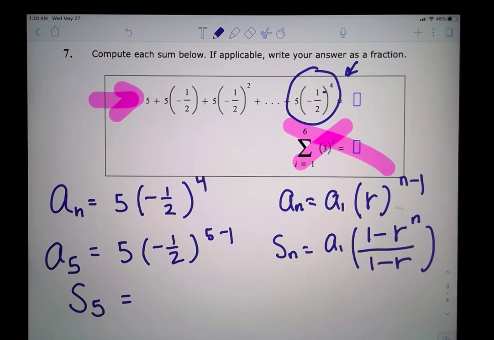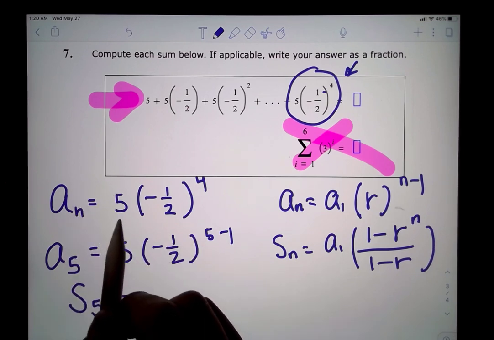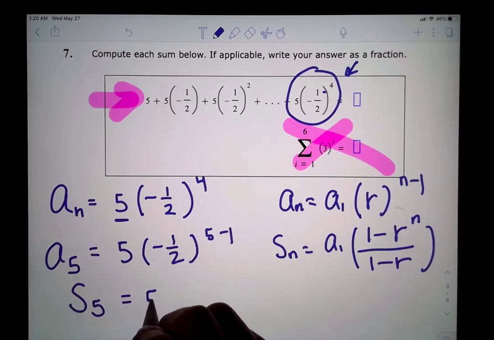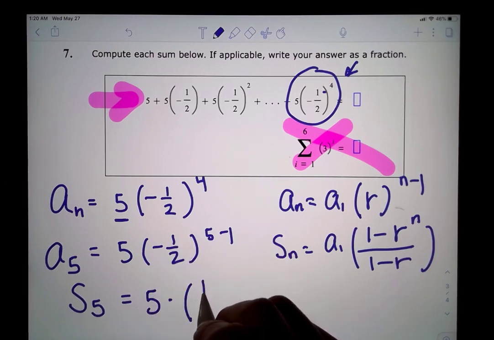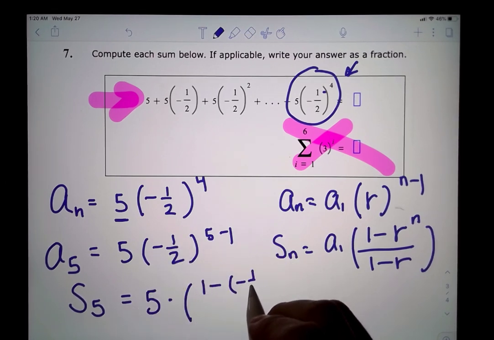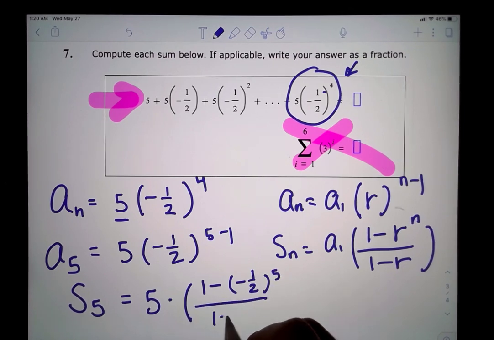So my a1 is 5 and my r is negative half, so 1 minus negative half to the fifth over 1 minus negative half.